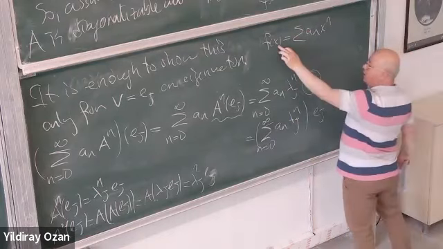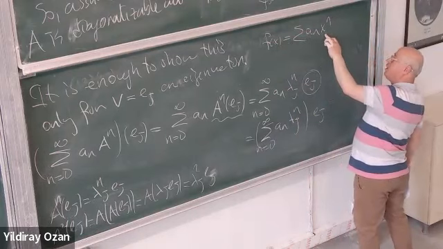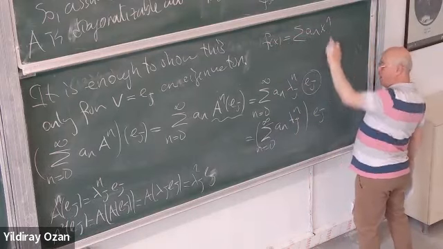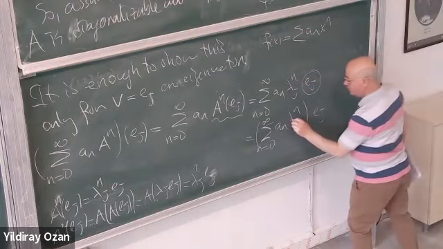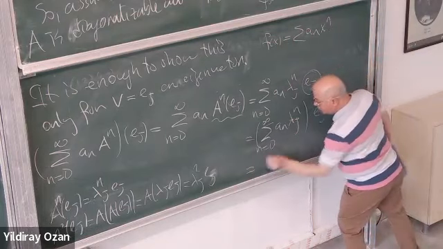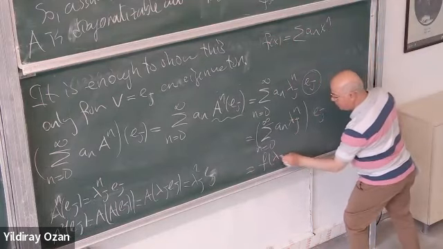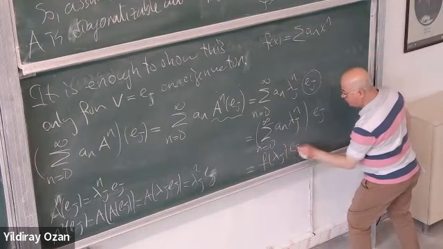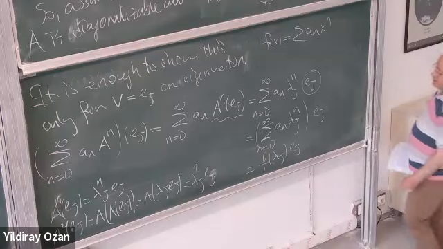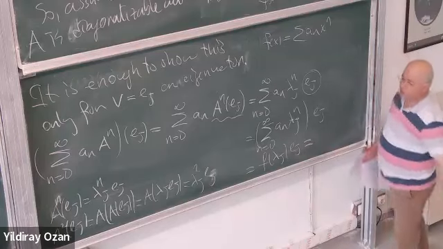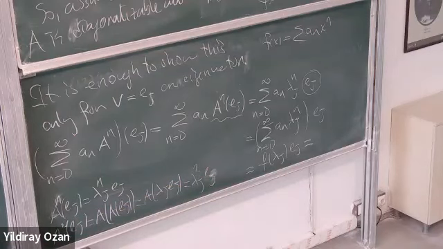Therefore, if you plug lambda_j here, you get a_n times lambda_j to the power n, summed from 0 to infinity. Therefore, this thing is just f of lambda_j times e_j. But what is this? I have done that computation over here.